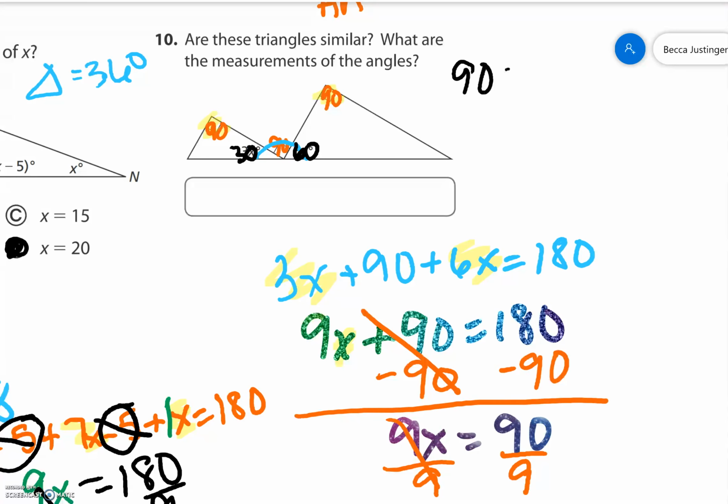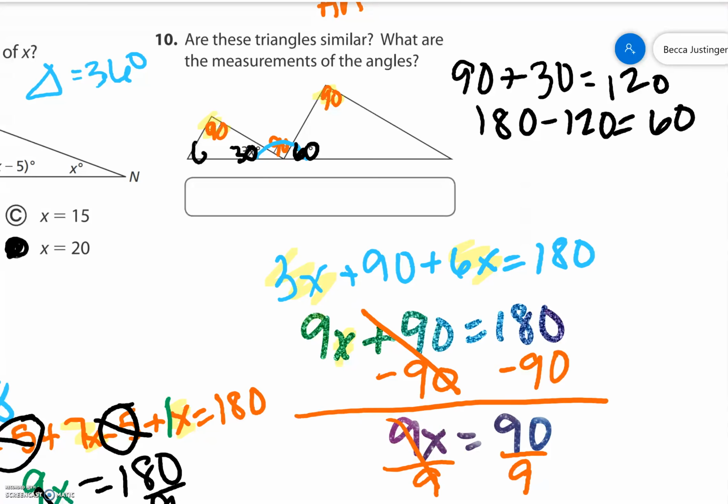So I know 90 plus 30 is 120. So if I do 180 minus 120, that gives me 60. So that tells me this other angle is 60, meaning yes, the triangles are similar. They have two angles. So yes, they're similar, and the angle measures are 30 degrees, 60 degrees, and 90 degrees.